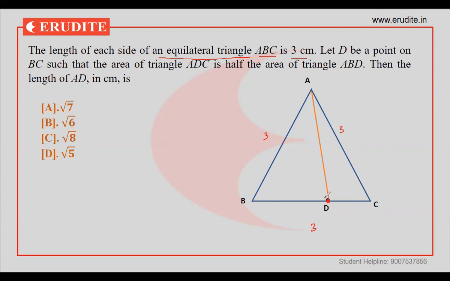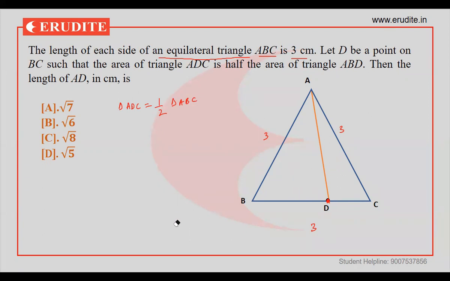You can see that D is on BC such that the area of triangle ADC is half of the area of triangle ABC. This is given.